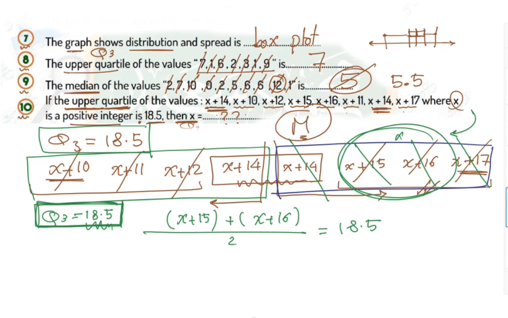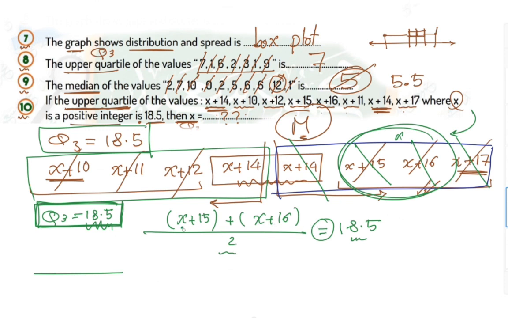Now we have an equation, the content of two sides, right side and left side, with an equal sign in between them. Now I need to find x. Look with me here. I have x plus 15 plus x plus 16.